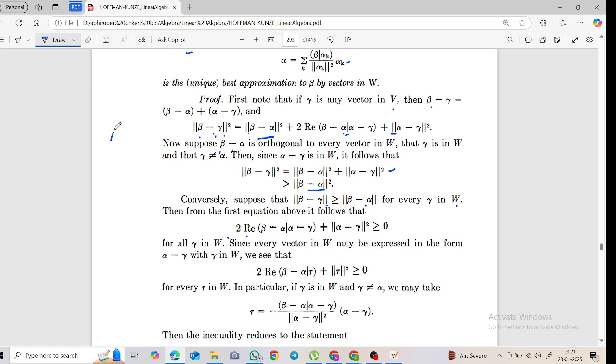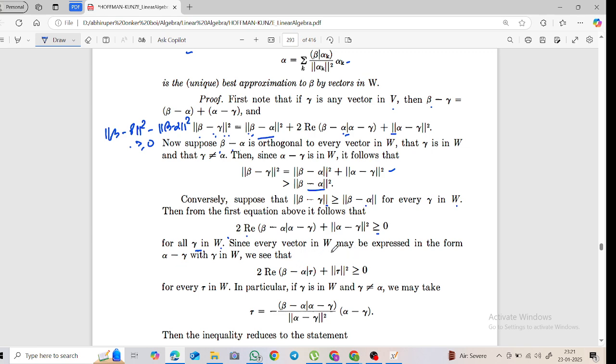In this equation they have just taken this to this side. Okay. And this is greater than or equal to 0 by the definition of best approximation. So that you get this, true for all gamma in W.